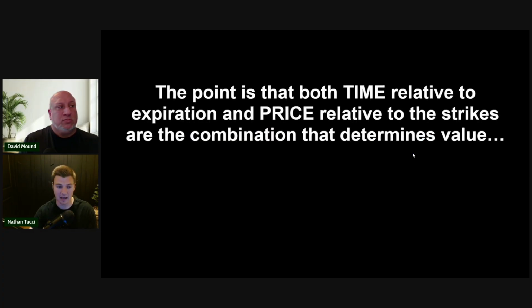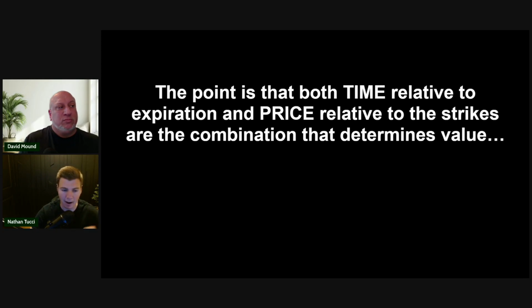Now, the point is, guys, the reason I showed you all these theoretical examples that don't necessarily map to one thing or the other is to show you that both time relative to expiration and price relative to strikes are the two combinations that determine value. You can't figure out anything unless you have both.